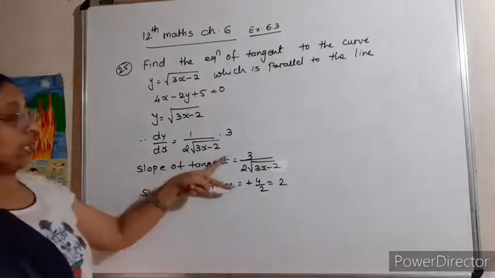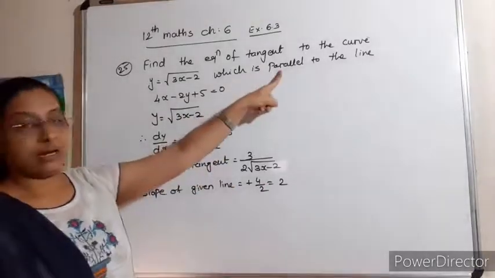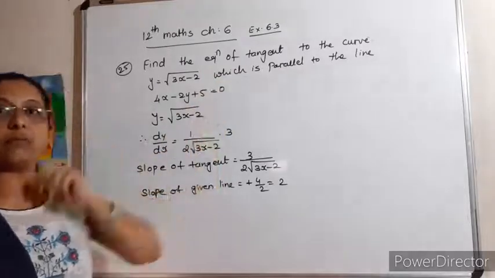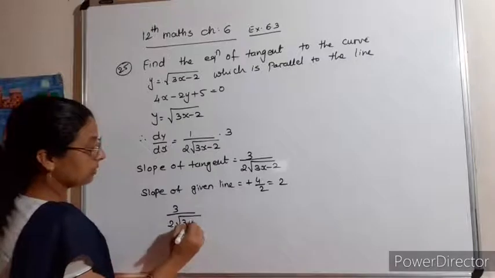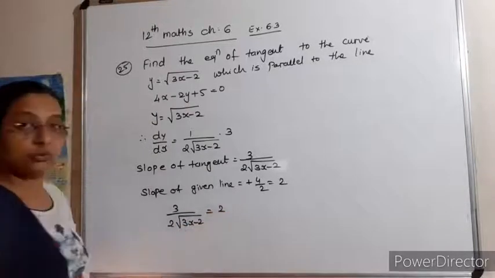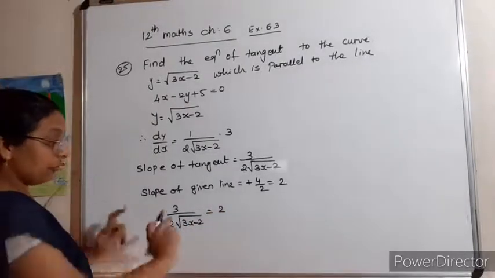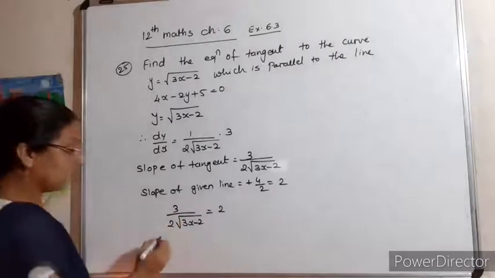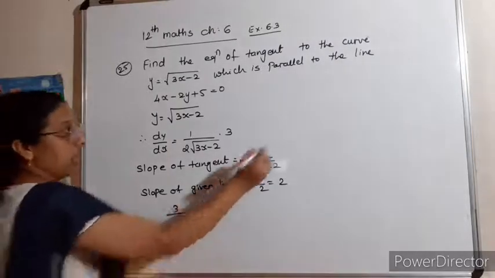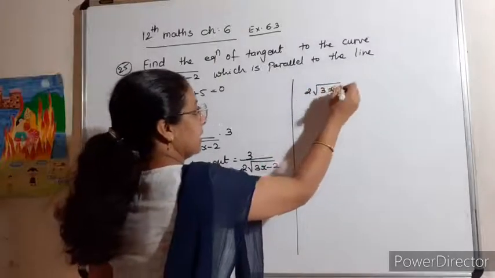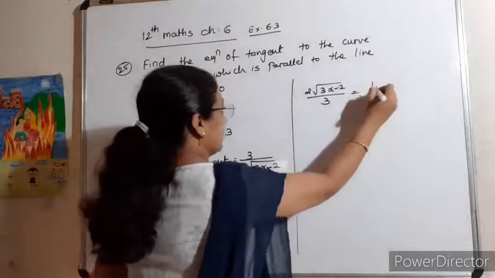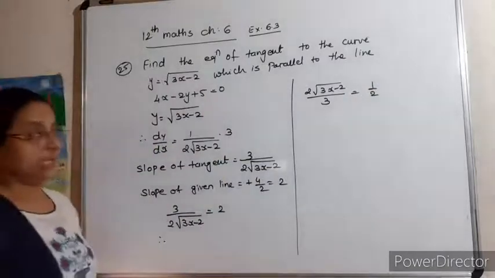Now this given line and the tangent are parallel, so the slope is equal, and therefore 3 by 2 under root 3x minus 2 is equal to 2. So if you take the reciprocal on both sides, here we write 2 root 3x minus 2 by 3 is 1 by 2, right? Yes.